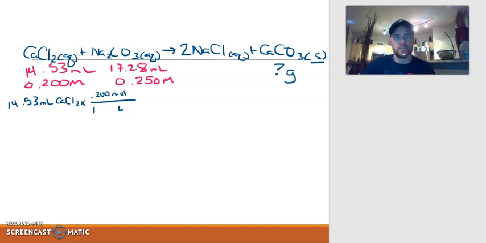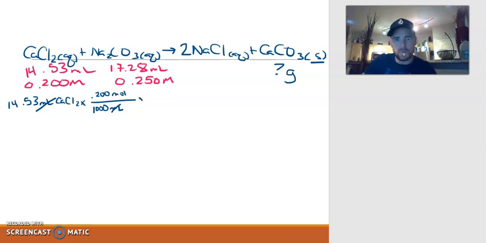So rather than say 0.200 moles for every 1 liter, that's the same thing as saying 0.200 moles for every 1,000 milliliters, so that way the milliliters will cancel out. And so this right here is my first step of stoichiometry. I was able to use this molarity to convert from a volume into a number of moles.